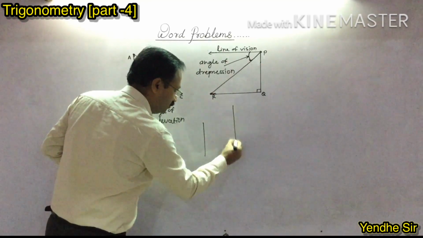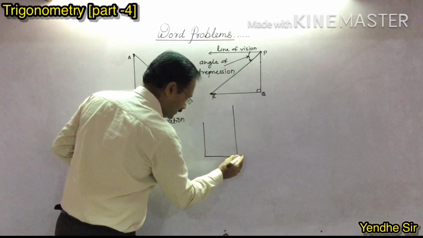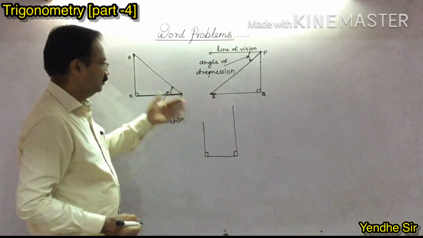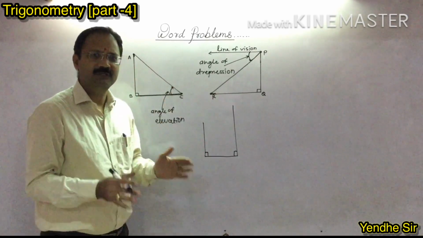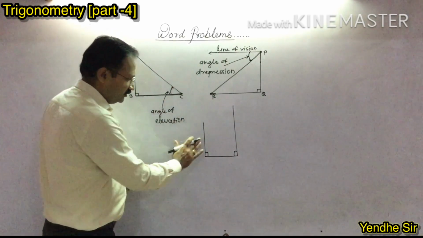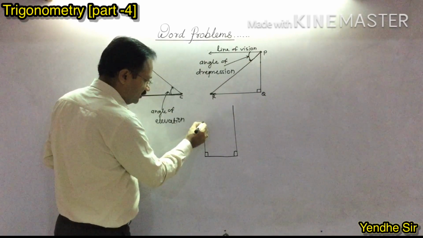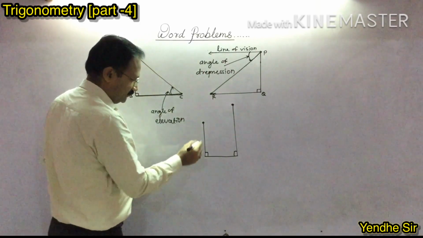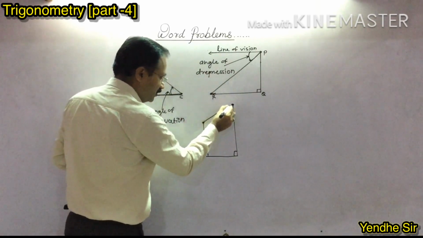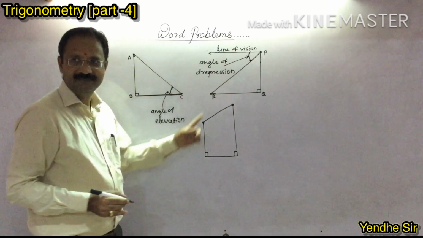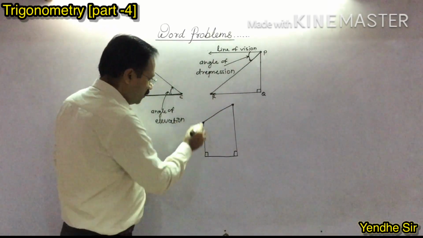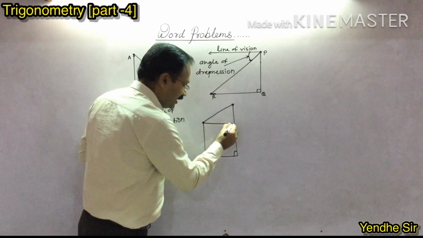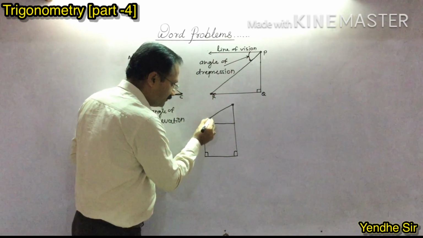See, these are the two buildings. We know that buildings, then lighthouse, then trees are always perpendicular to the base. Here is Ramesh and here is Geeta. So Ramesh is observing Geeta. At that time, Ramesh makes an angle of elevation.